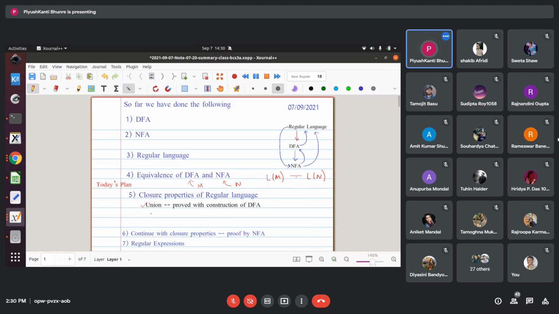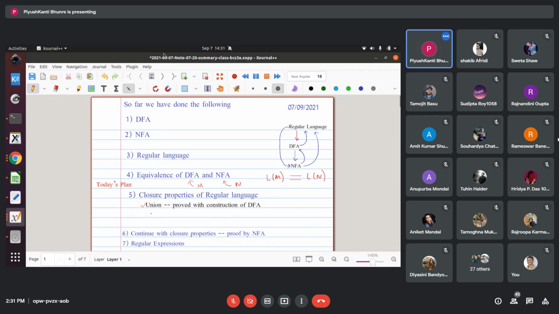So that's why we can write L(M) equal to L(N). Given a non-deterministic automata, we can construct a deterministic automata that can perform the same or equivalent computation in order to recognize the language accepted by the NFA.